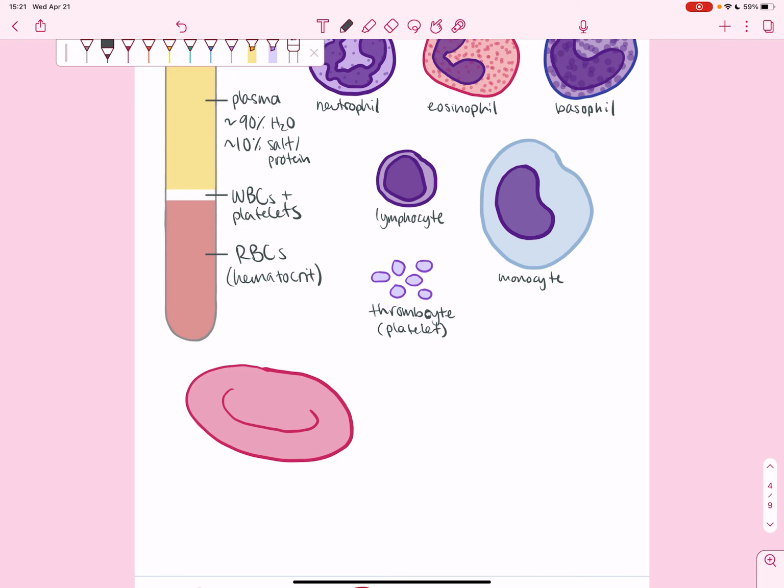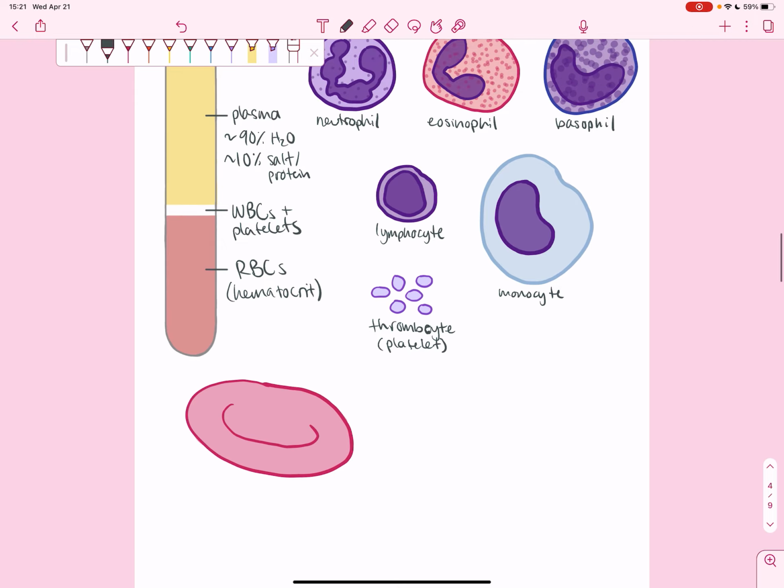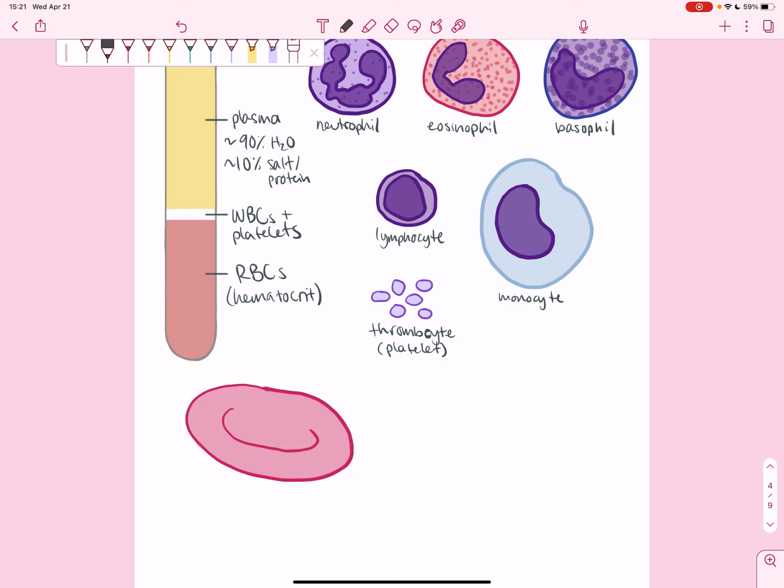So lastly, over here, I have a drawing of a red blood cell, and the fancy name for a red blood cell is erythrocyte. So I will also write that out. Red blood cell.